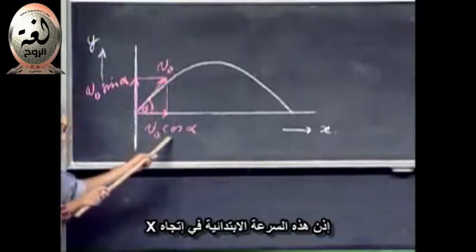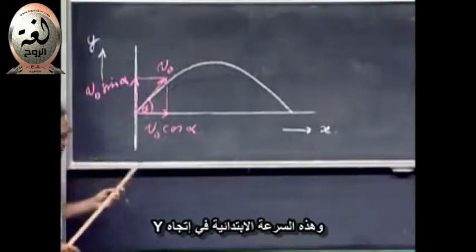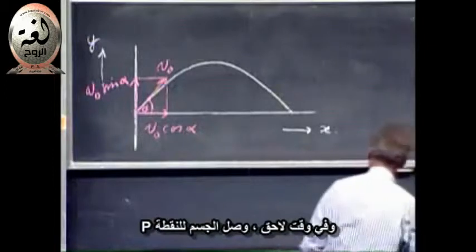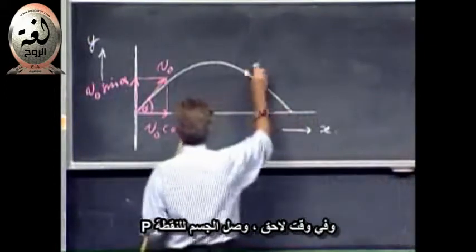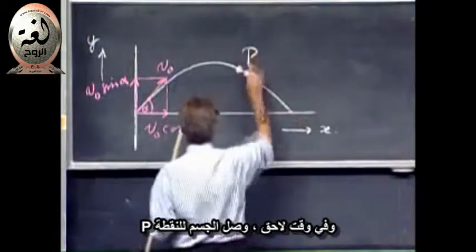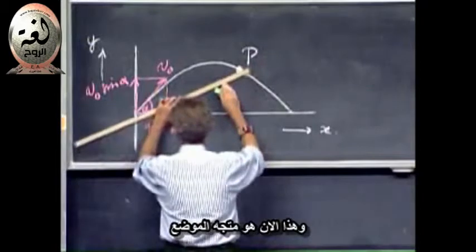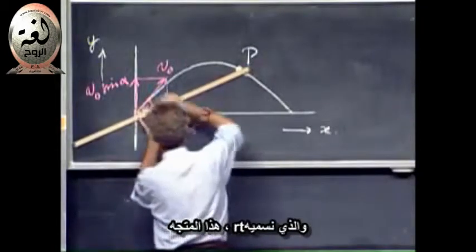So that's the begin velocity in the x direction, and this is the begin velocity in the y direction. A little later in time, that object is here at point P, and this is now the position vector, which we have called r of t. That's this vector.